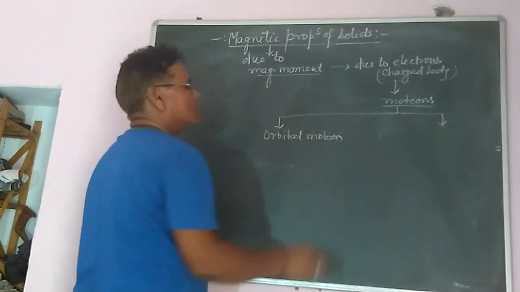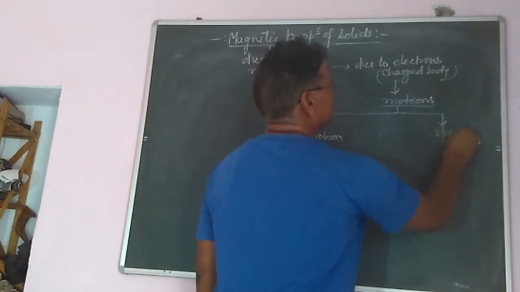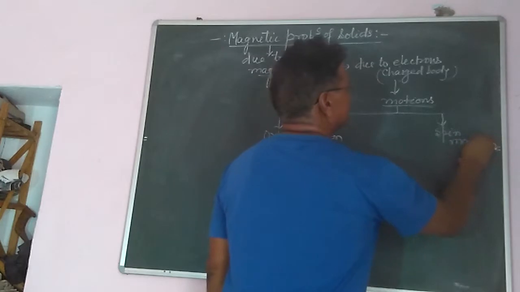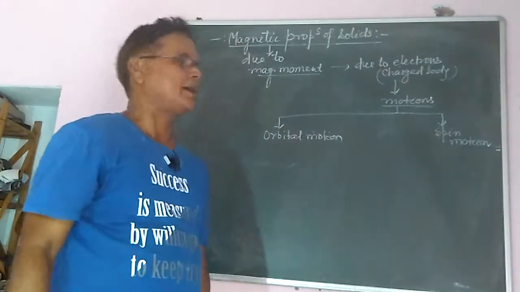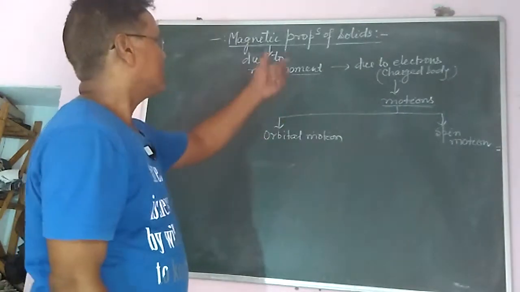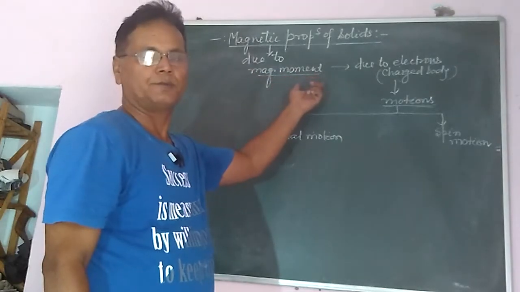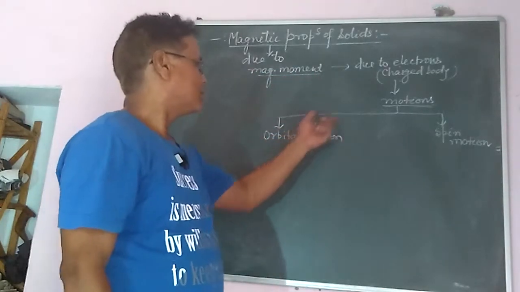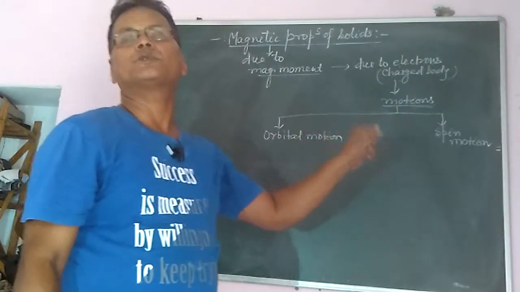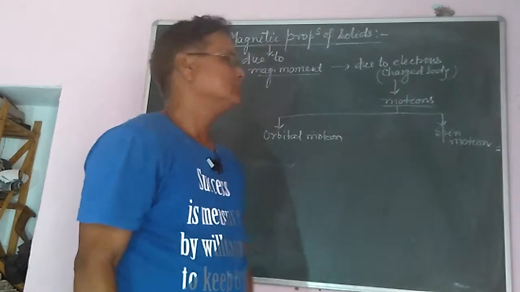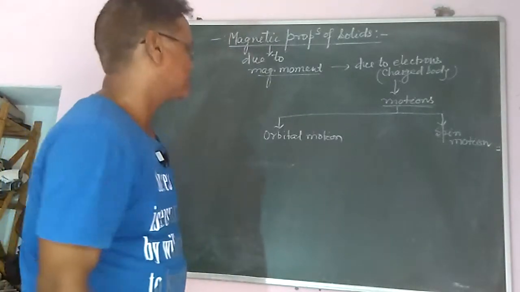You see here, orbital motion and spin motion. It means due to orbital motion and spin motion, the solids possess magnetic moment. And due to motion of the charged body, the charged bodies possess current. And that current causes a magnetic effect.